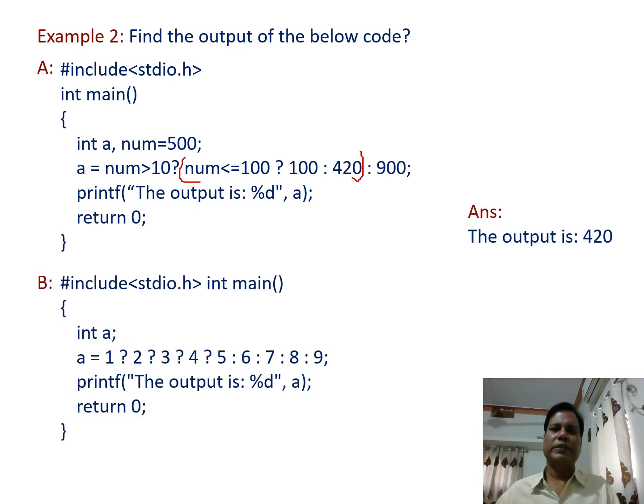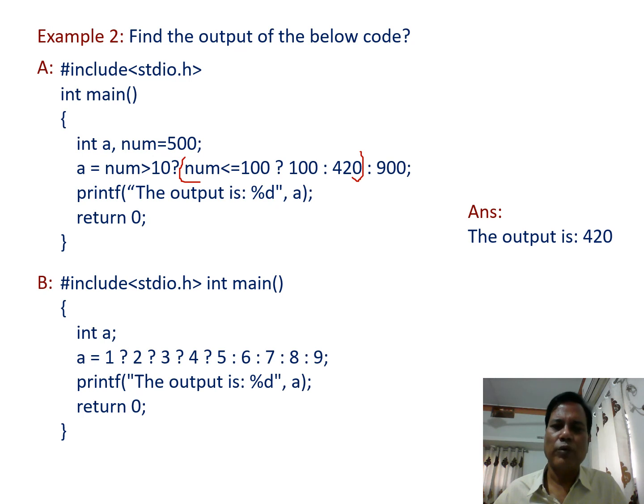Now in the second example, again conditional operators are nested, so again we have to find its output. Again we have to use the associative property. First, expression 1 is 1, which is always true.